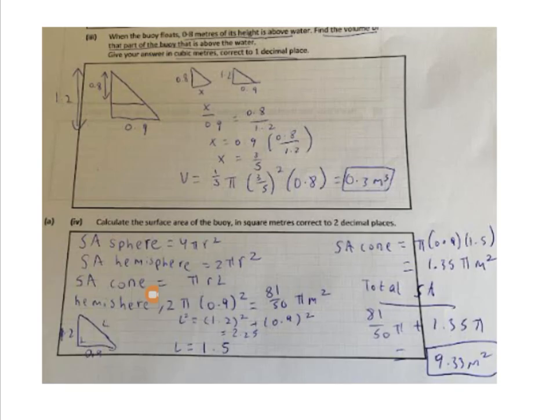To get the surface area of the entire buoy, all we have to do is add those two surface areas together, and we get 9.33 meters squared. That answer was worth another 10 marks.